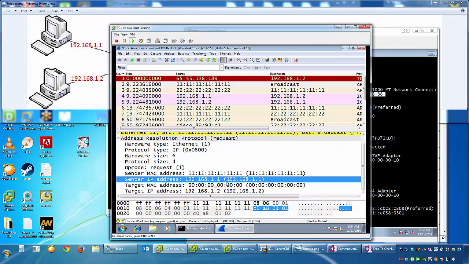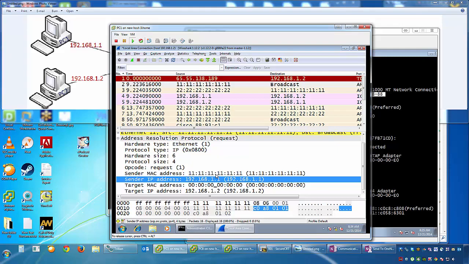Because what will happen when he tries to send this information back and he doesn't have the IP address of the person who originally sent it, or the MAC address of the person who originally sent it? He would have to do an ARP request. And if this information was never sent back and forth in this fashion, we would just constantly be sending ARP requests back and forth.